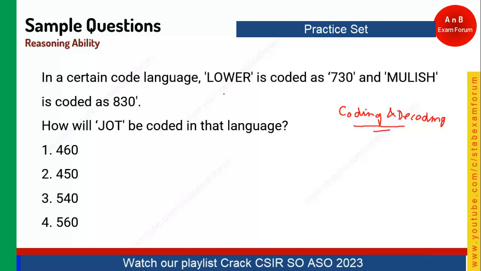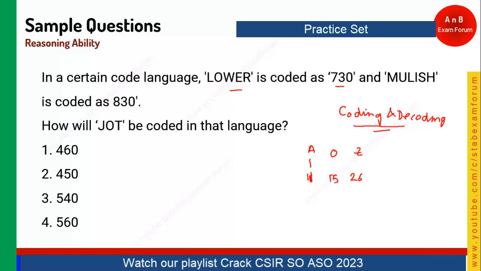Whenever you find some relationship between a word and a number, there must be some positional dependency. Positional dependency means that based on the English alphabet, you find the position. For example, position of A is 1, position of Z is 26, and position of O is 15.